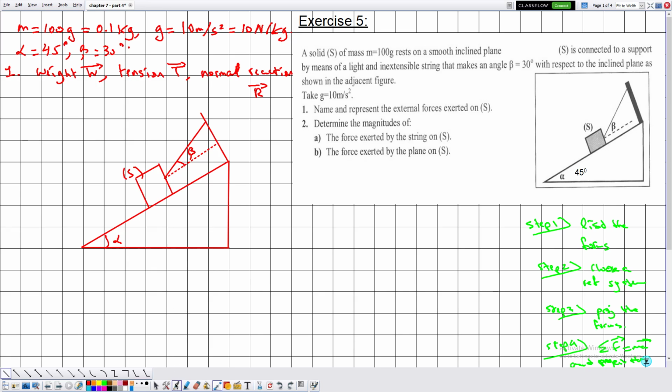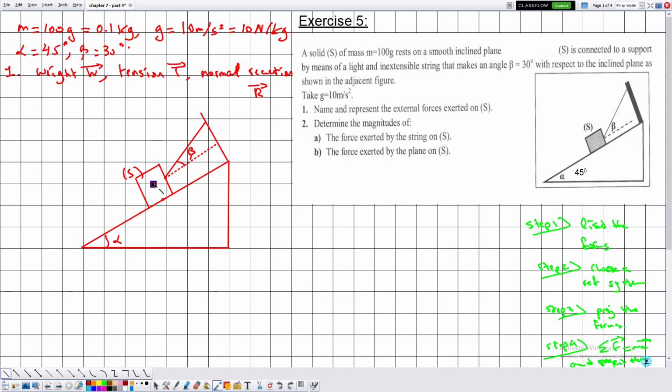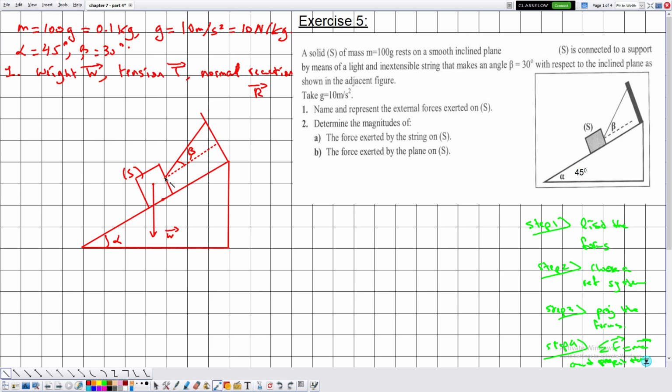So suppose that this is the point of contact between the string and the solid. This is the center of gravity G, and this is the point of contact between the support and the solid S. We have the weight which is acting vertically downward like this. We have the tension which is always along the string.